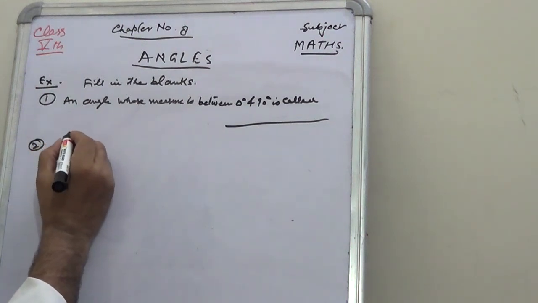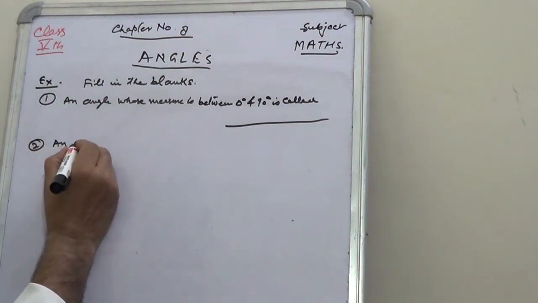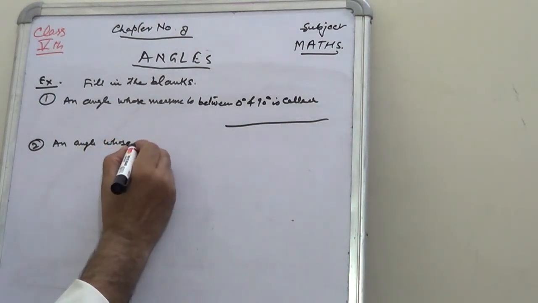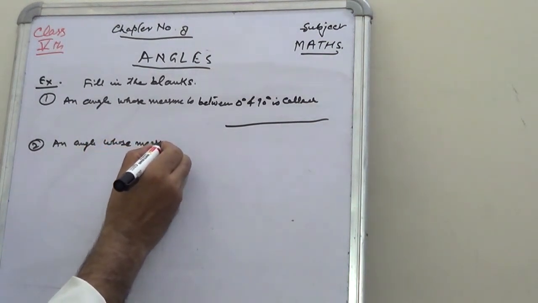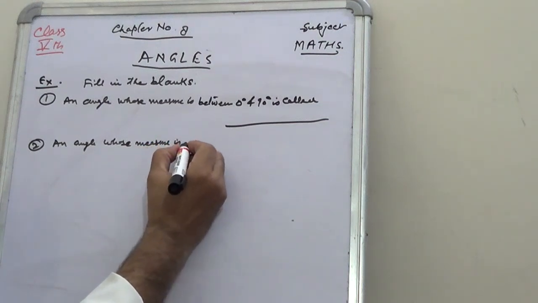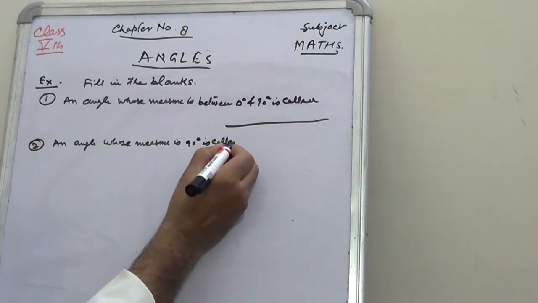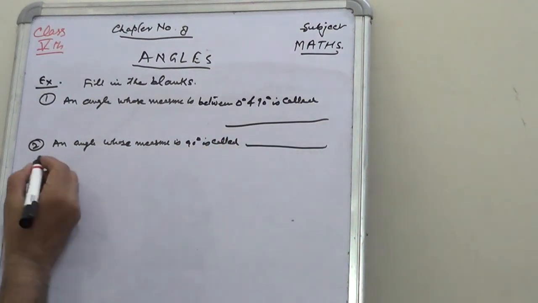An angle whose measure is 90 degree is called, another blank here.